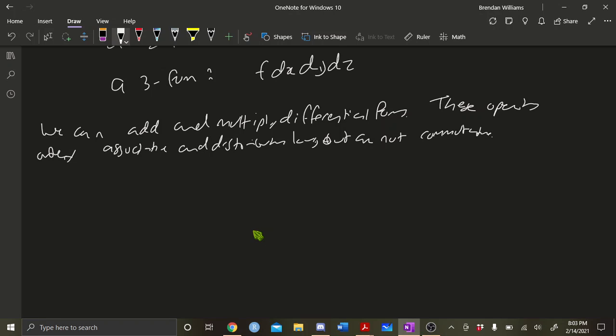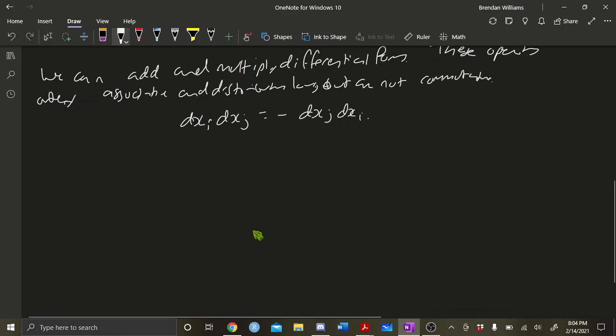They're actually anti-commutative, just like the cross product, for example. Writing this out more explicitly, by anti-commutative, I mean dxi dxj is equal to negative dxj dxi.